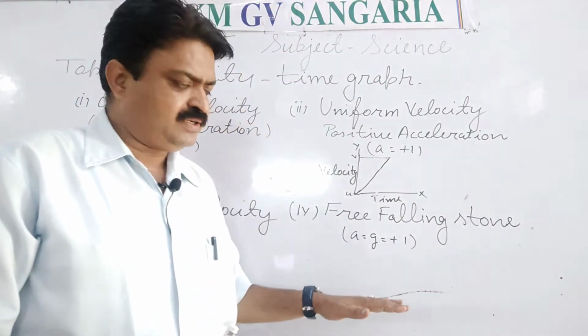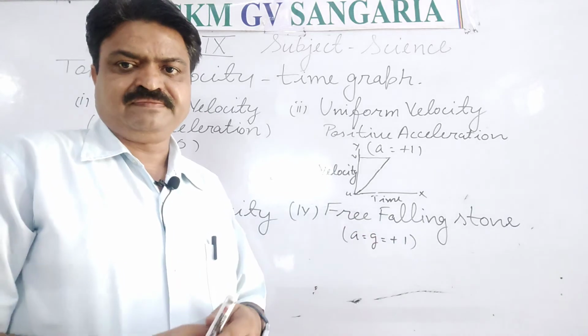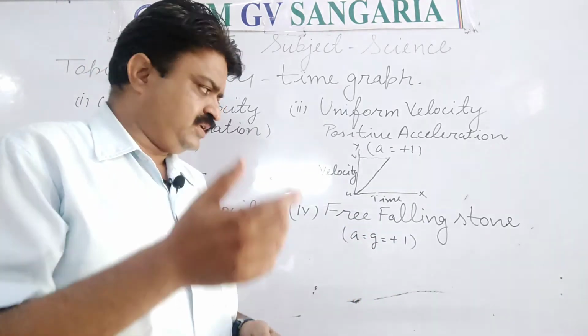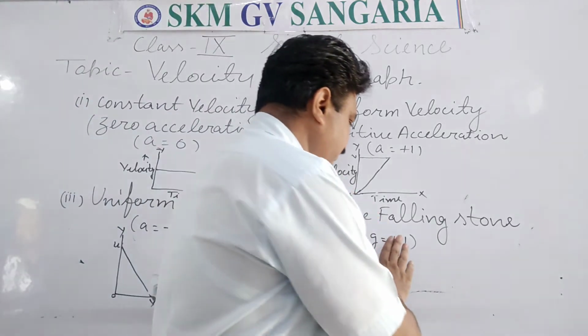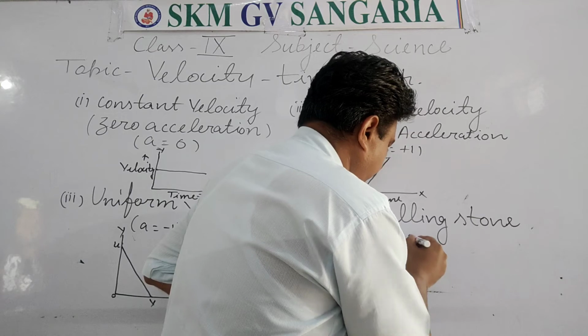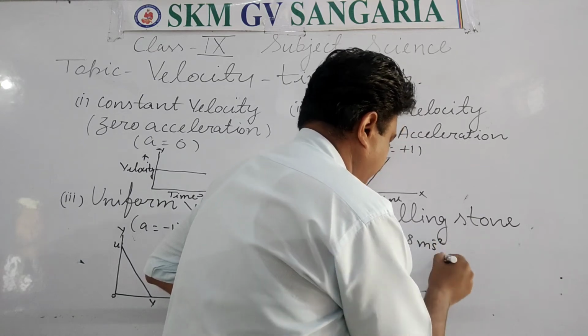It is represented by small g, and in general its value is always equal to 9.8 meters per second square.